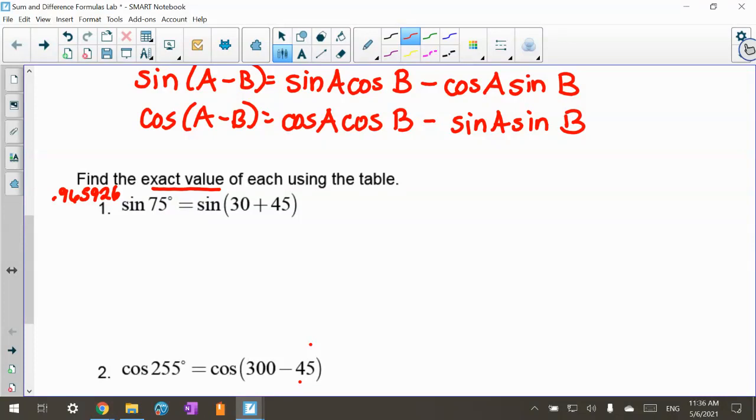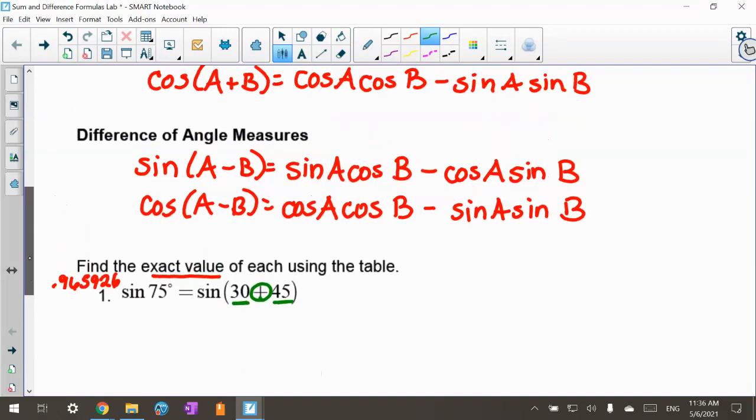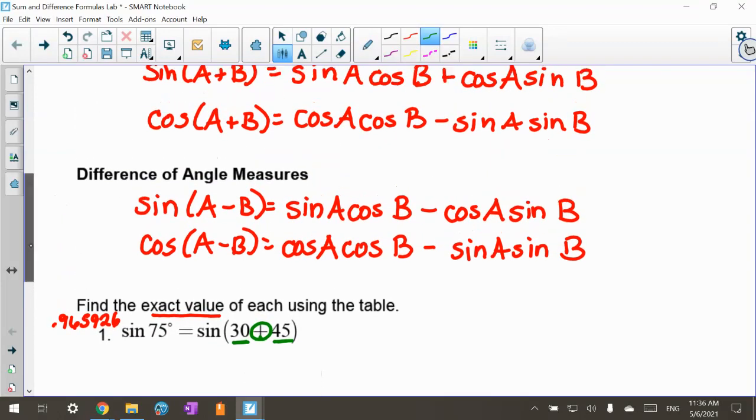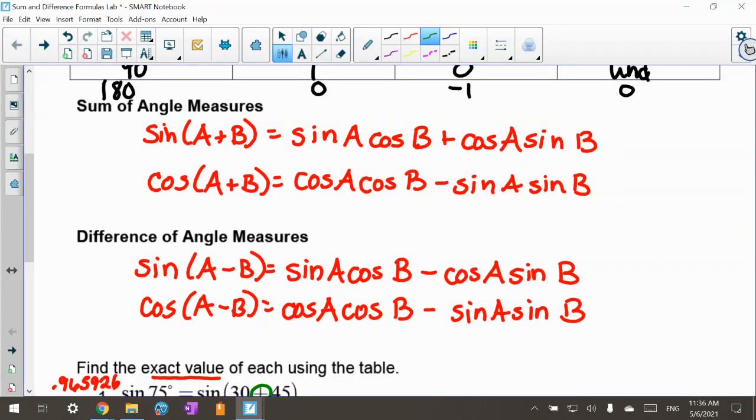So what we're going to do is use angles, and if you'll notice, the angles that are here, the 30 and 45, are on our table, and we know the exact values of that. So we have to use the formula for the sum. We're going to add 30 and 45. So I'm going to use the sine formula of a plus b.